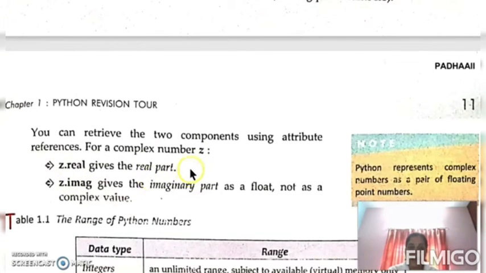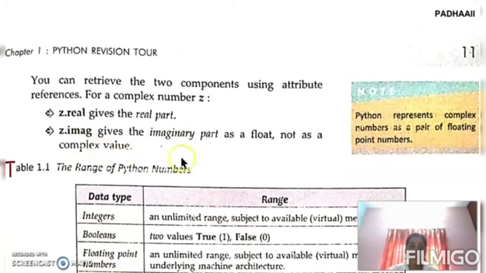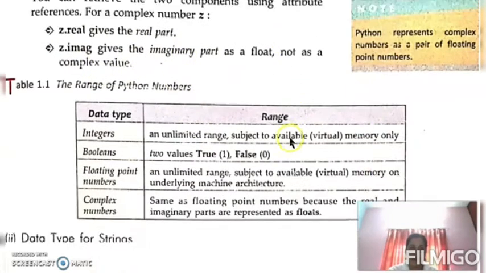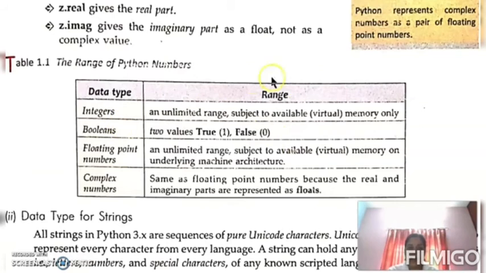If z is the variable, then z.real gives the real part and z.imag gives the imaginary part. So these are the Python number ranges. In this box there are many number data types: integers, booleans, floating point numbers, and complex numbers. So these are the number data types used in Python.